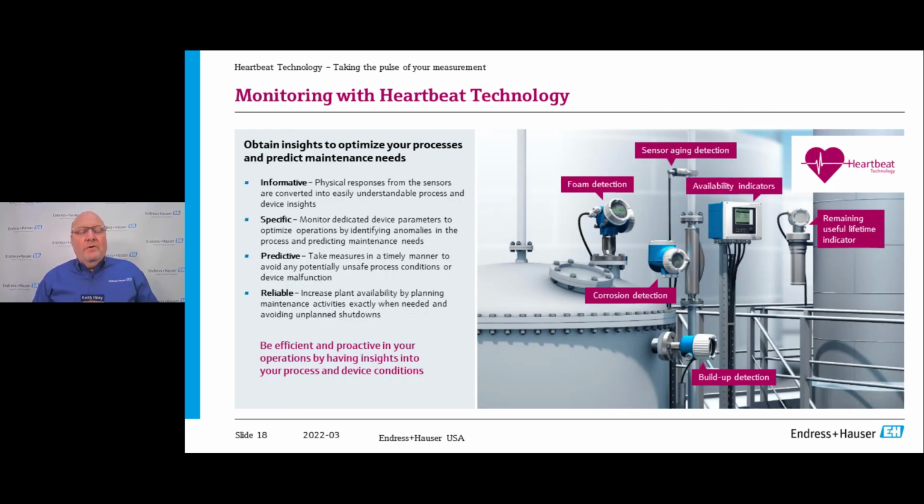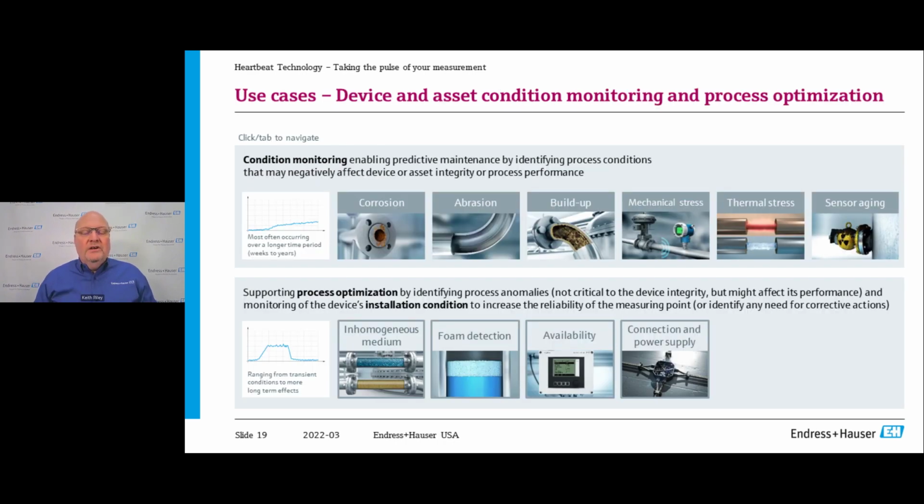All right. Now we're going to go on to the last portion of the Heartbeat Technology message, which is monitoring. And this is where you'll see you're getting into predictive maintenance. The nice part about predictive maintenance is we're not just talking about predictive maintenance for the instrument. There's a lot of information the instrument is seeing that you can use for predictive maintenance for your system.